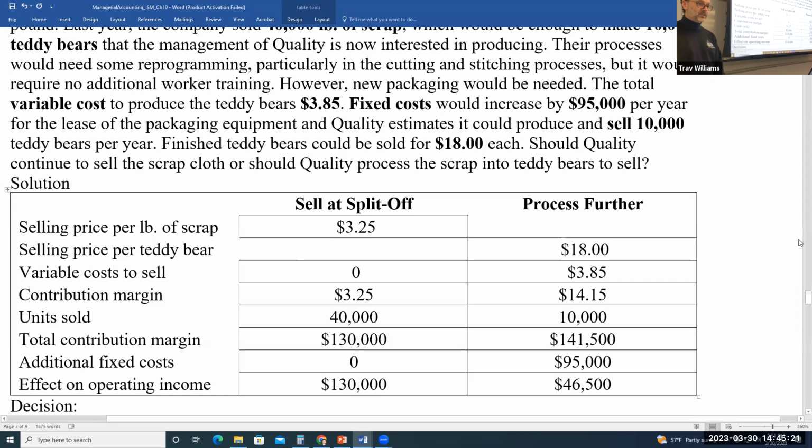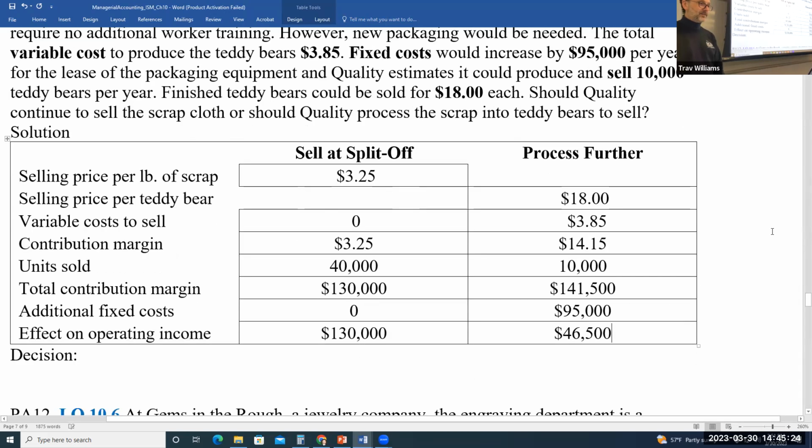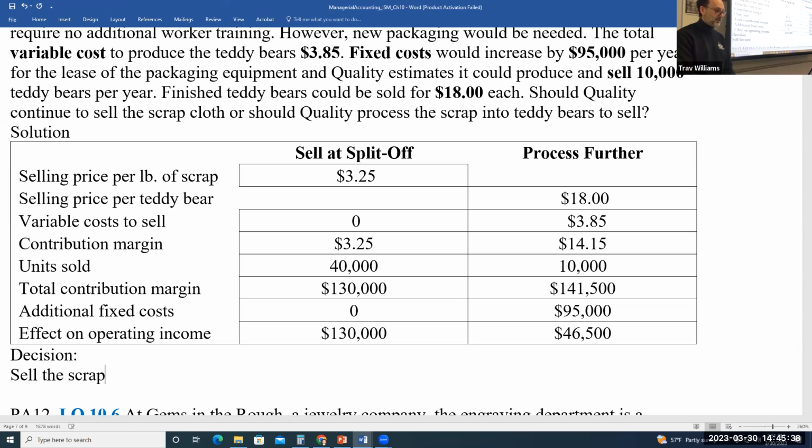So now that we've done this quantitative analysis here, what should we do? Sell the scrap, because the effect on operating income is greater.